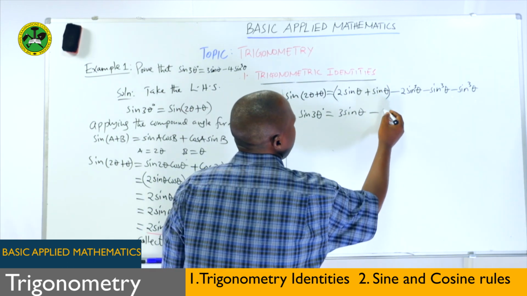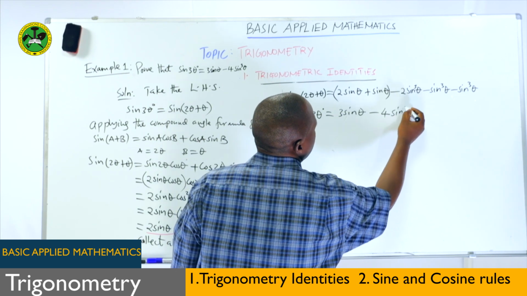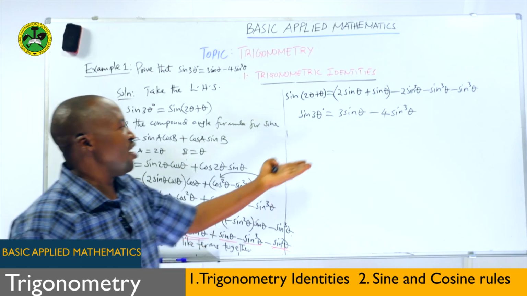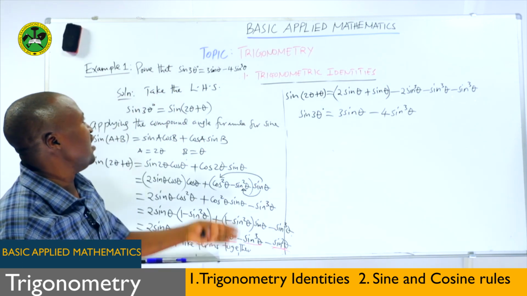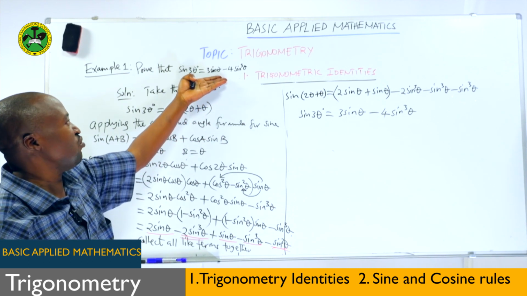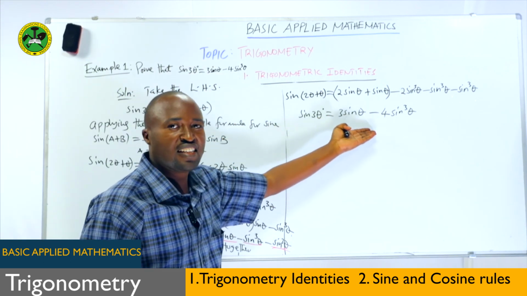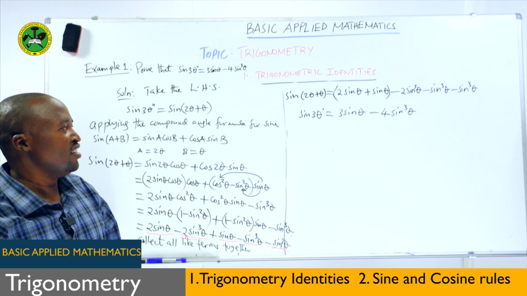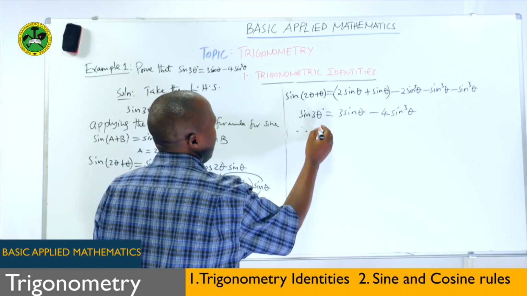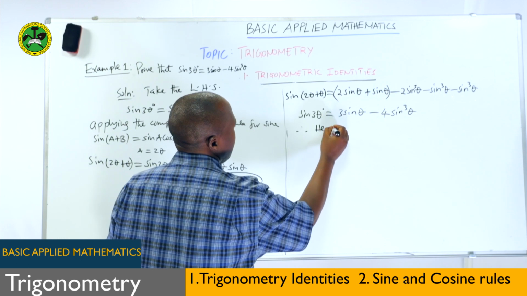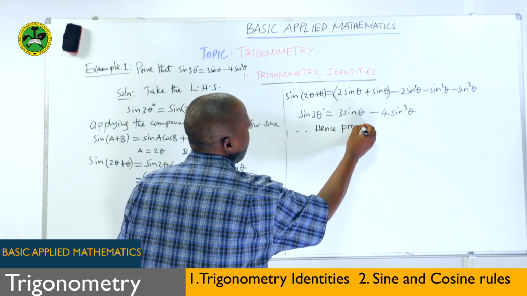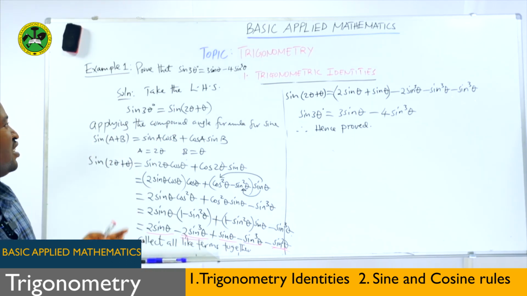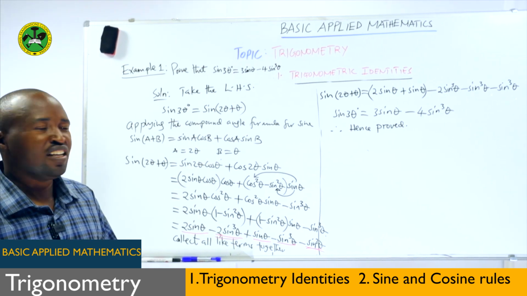That will be 4 sin cubic theta. Now, if you look, our right hand side is the same as that in the given question. That is 3 sin theta minus 4 sin cubic theta, which is the same as what you have been given. Therefore, hence proved. So that is how to prove the given trigonometric equation.